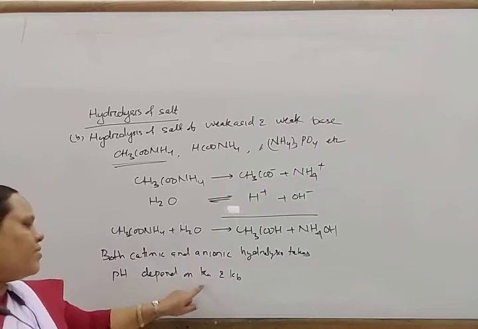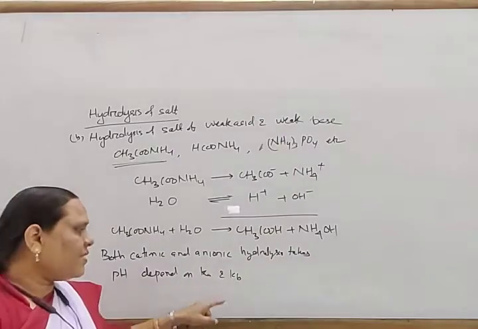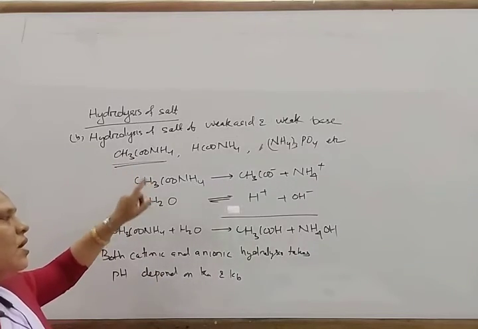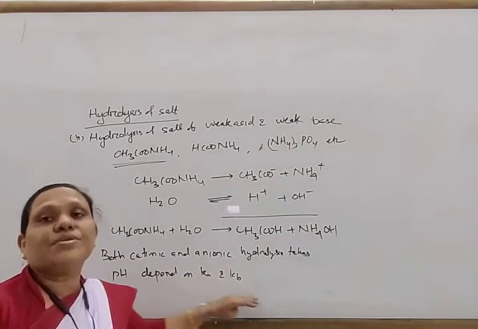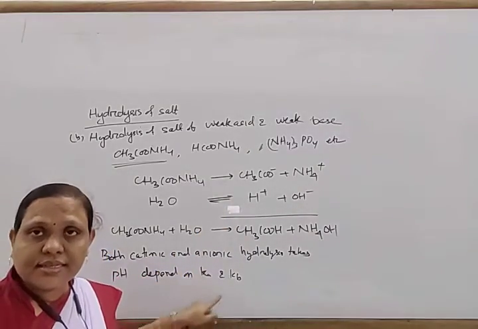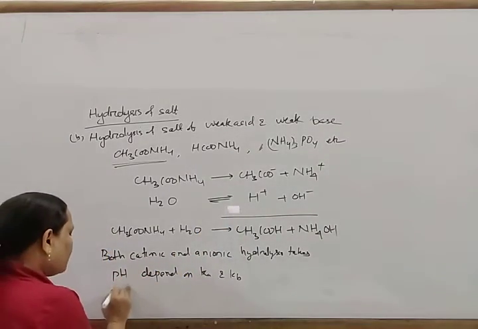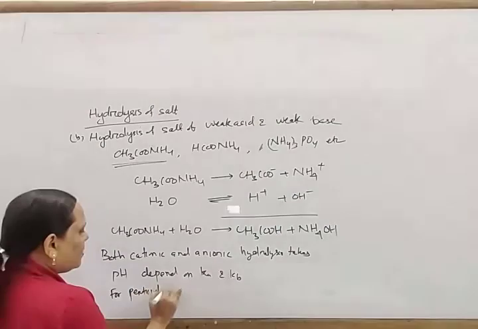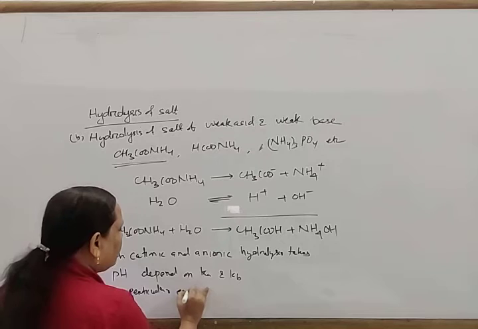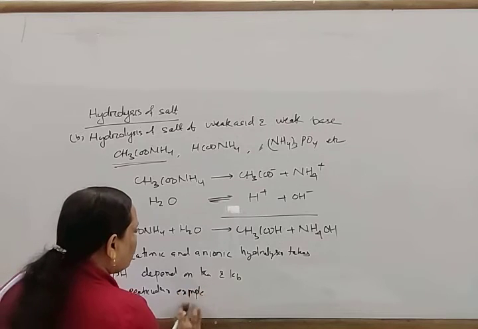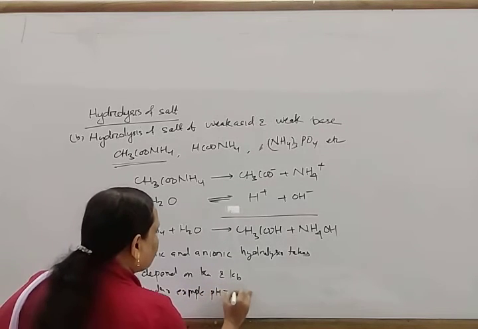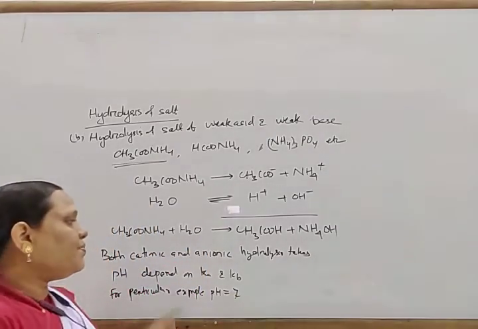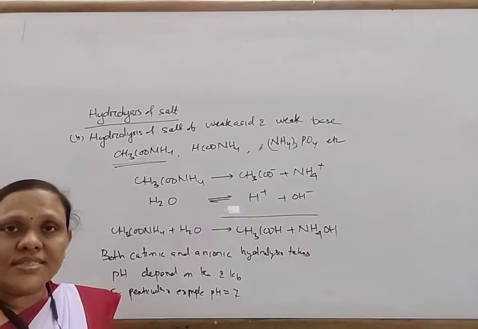The higher the value of Ka, the pH value is less than 7. The higher the value of Kb, the pH is greater than 7. But in this particular case, Ka is equal to Kb, so the pH value is equal to 7. It becomes neutral. Here both cationic and anionic hydrolysis take place.